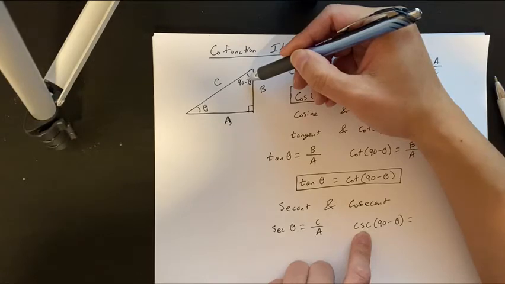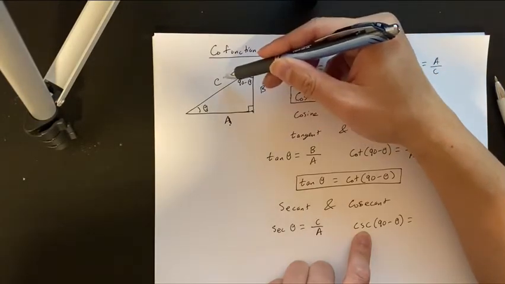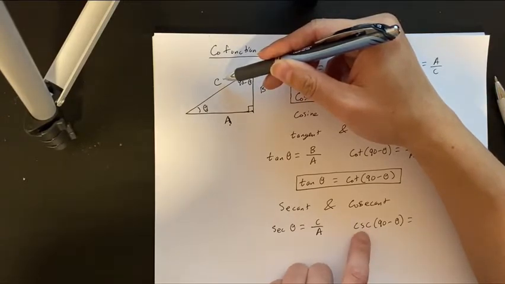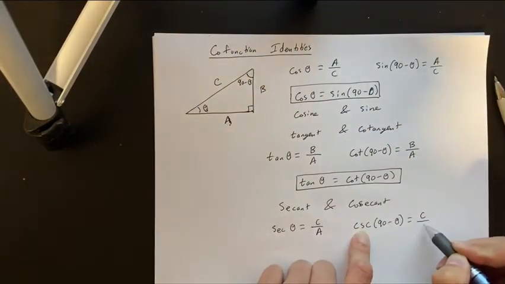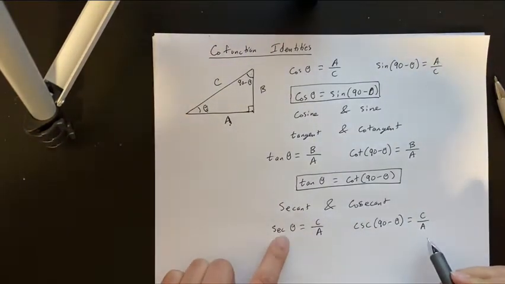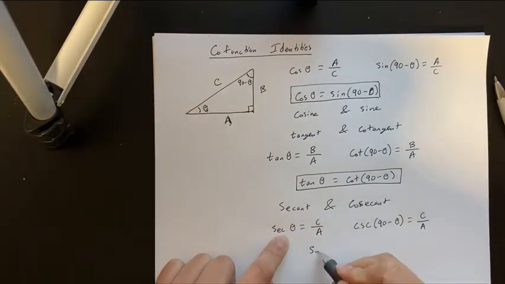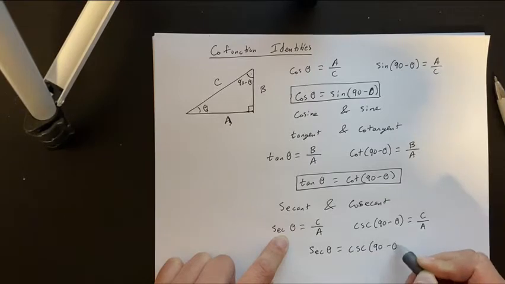And sine is opposite over hypotenuse. Therefore, cosecant is going to be hypotenuse over opposite. So that's C over A. And look at that, that's the same thing as secant of theta. So secant of theta is the same as cosecant of 90 minus theta.